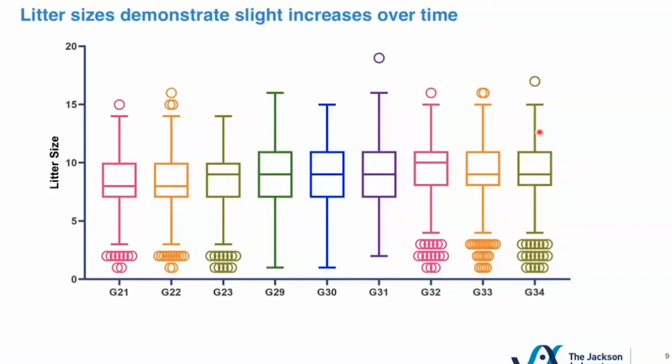Obviously, there's lots of variation here. We have some litters with a lot of pups and some litters that are non-productive or just have 1 or 2 pups. So there's lots of variation here, and we've maintained that variation with a slight increase in the overall average per generation.